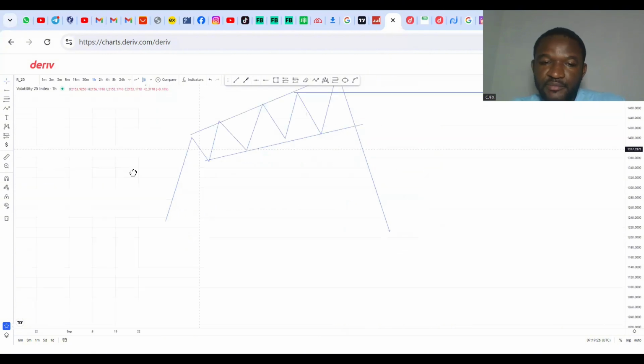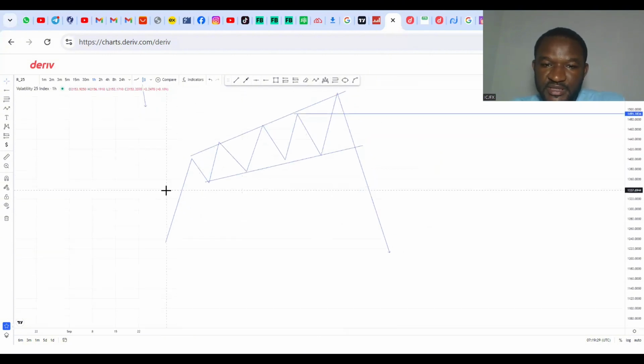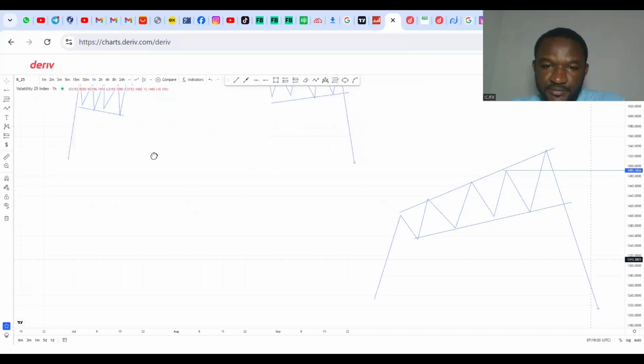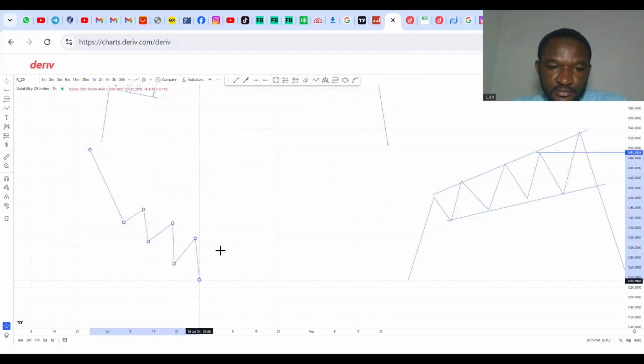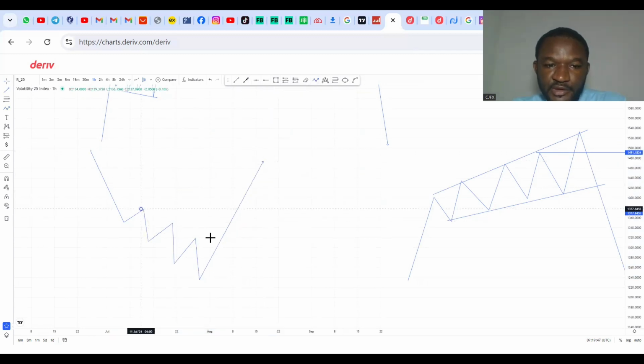Now we also have what we call the descending wedge. Impulse coming from the upside, then correction going towards the downside, and then impulse to the upside. This is the correction in this case.